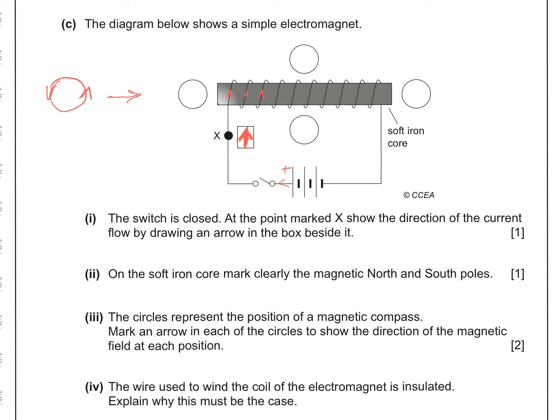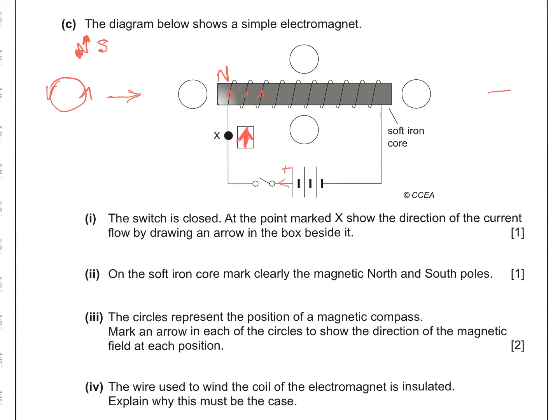Now, to determine what end that is, we just take the letters north and south and add little arrows to the end of them. And you'll see the one that has anti-clockwise pointing arrows is the north. So when we see anti-clockwise current flow, that means that is the north.